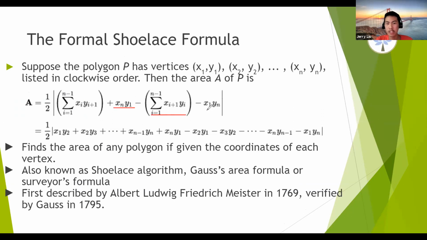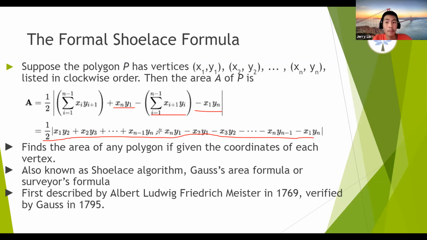This is the sum of the upward slants, and then this is that upper slant that connects the one that you listed last to the one that you listed at the beginning. So this is just another way to write it, but this one is obviously easier to memorize.